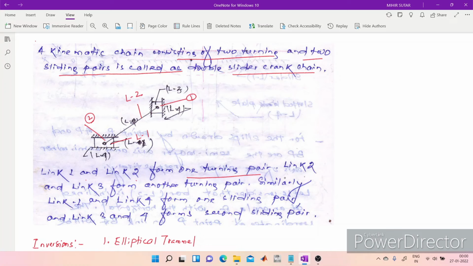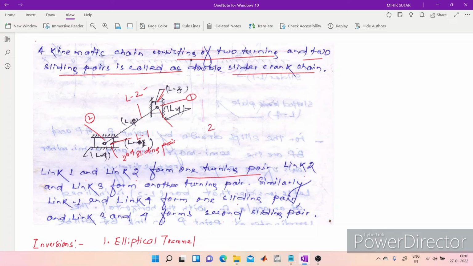Similarly, link 2 and link 3 form another turning pair. Links 3 and 4 form one sliding pair, and links 1 and 4 form the second sliding pair.